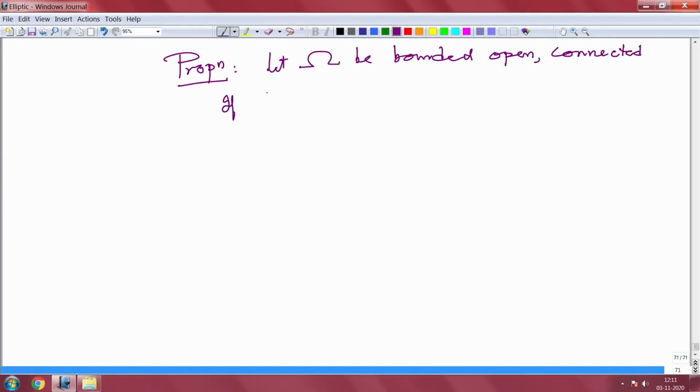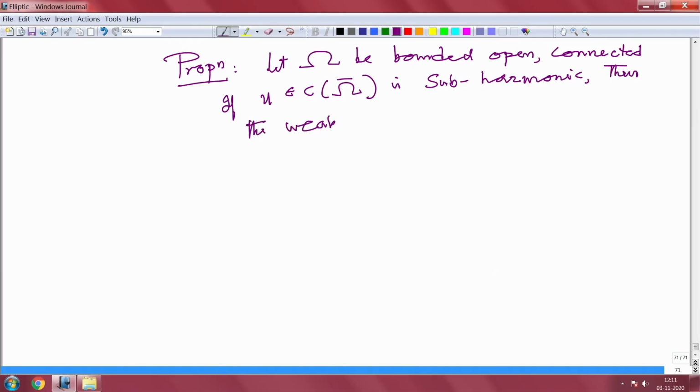If u belongs to C(omega bar), we take it up to the boundary as needed, and u is subharmonic, then the weak maximum principle is true, by a similar proof.